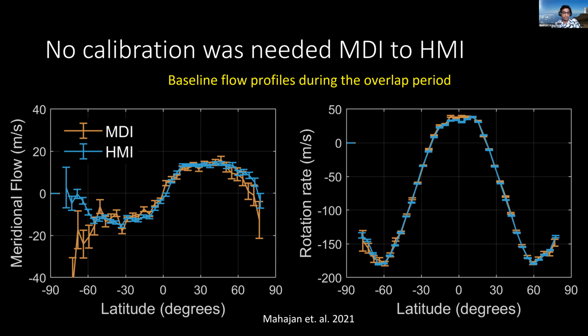If you're tracking a feature moving across large distances on the disk, it will change its shape when you project it into a heliographic coordinate system.